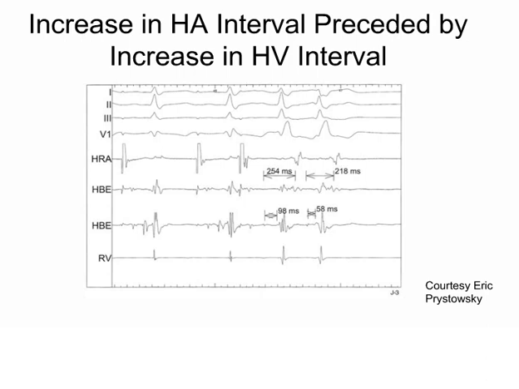You're not going to see HA time changes. The HA time tends to be relatively fixed. So with AV node reentry, you don't see this phenomenon of an increase in HA interval preceded by an increase in HV interval. It just shows you that, again, in orthodromic AVRT, everything's part of the circuit. So when you get a change in any component of the circuit, it will change your tachycardia.